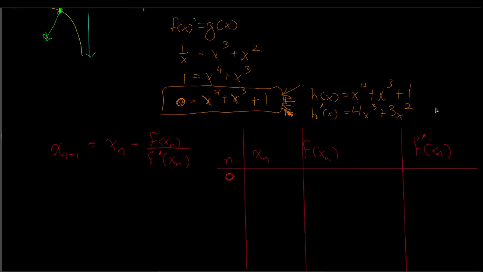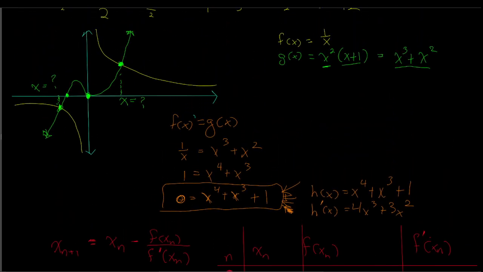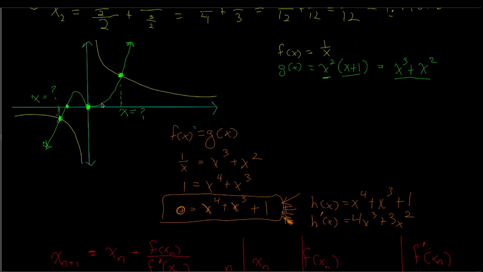And if I look at my graph of a guess here, to get this function over here, I need to be greater than 0. To get this side of the function, I need to be less than -1. So in this example, I'm going to try to find the upper intersection point.